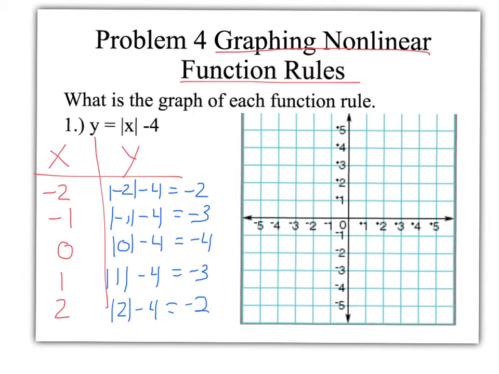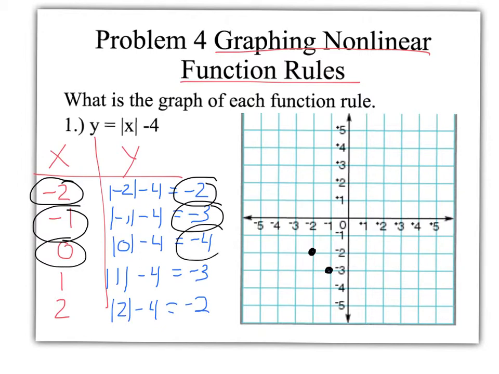So our first ordered pair is negative 2, negative 2. So we go to that location, negative 2, negative 2, and we put a point there. Then we go to negative 1, negative 3. Negative 1, negative 3. Okay, then we go to 0, negative 4.